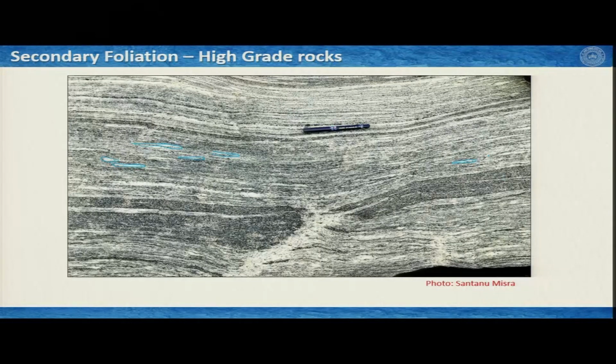So, these happen due to extreme stretching of these secondary foliations, and here you can also see what we learn later, that this is known as foliation boudinage or composite boudinage. We also see here these individual layers got broken. This also can happen with sedimentary layers, no problem, but the appearance, the look of the rock is essentially different when you deal with high grade rocks.